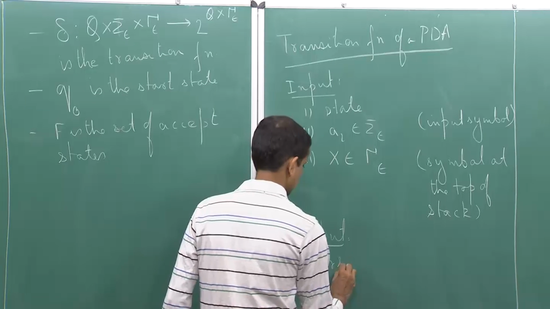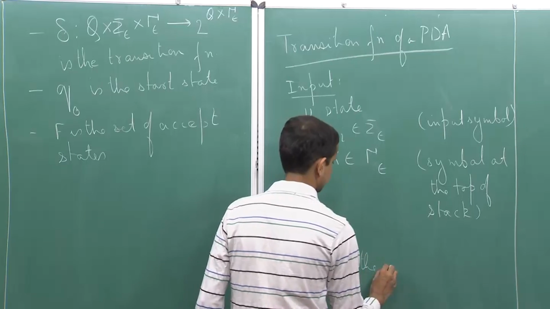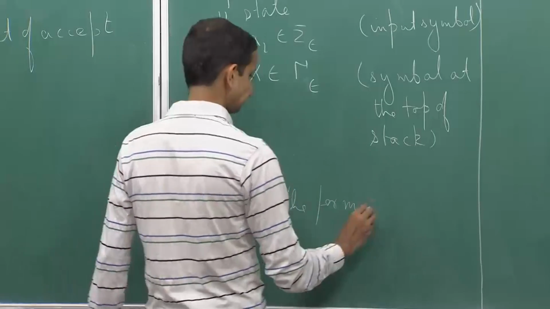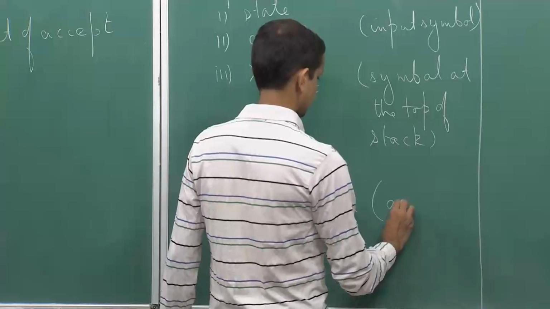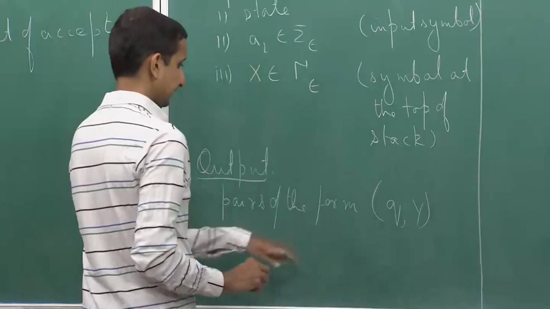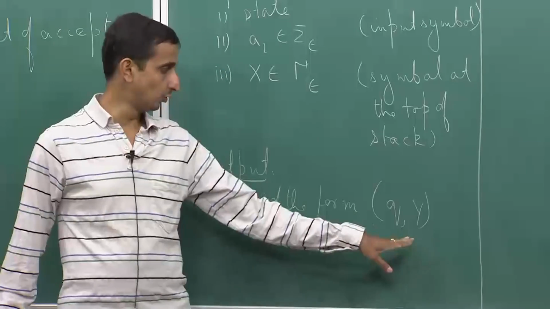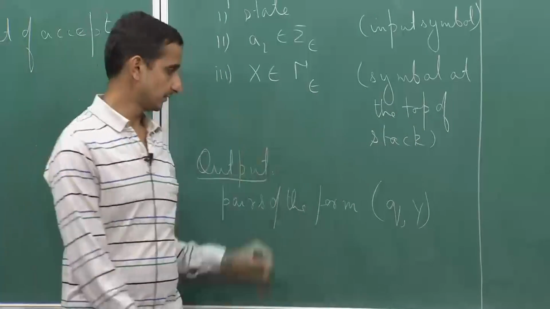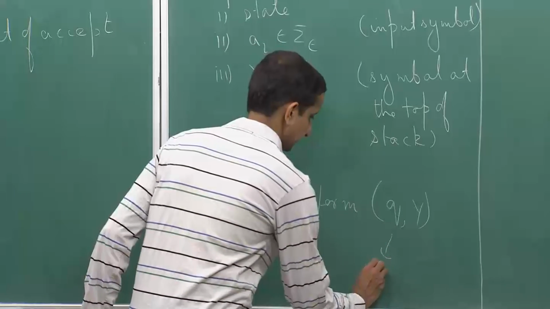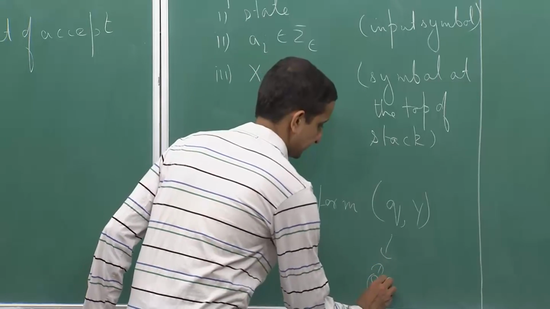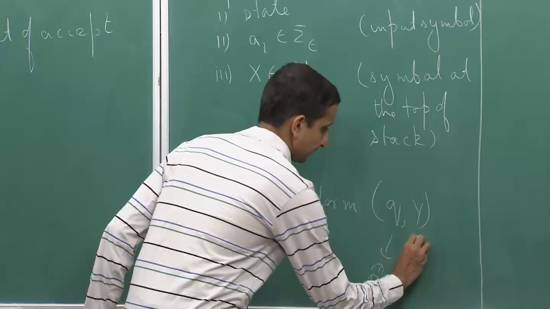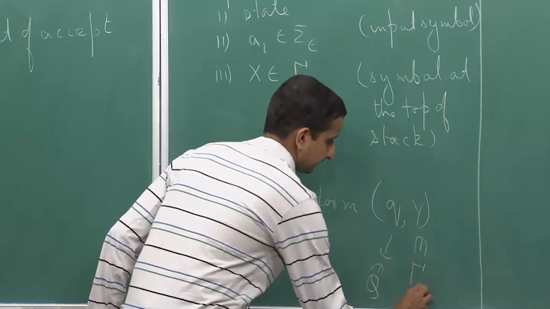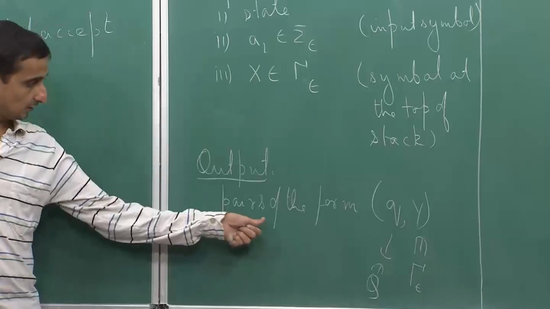What it produces is pairs of the form q comma y, where q, belonging to capital Q, is the new state that you go to, and y, belonging to gamma epsilon, is the symbol with which you replace x. So, what do I mean by pairs?